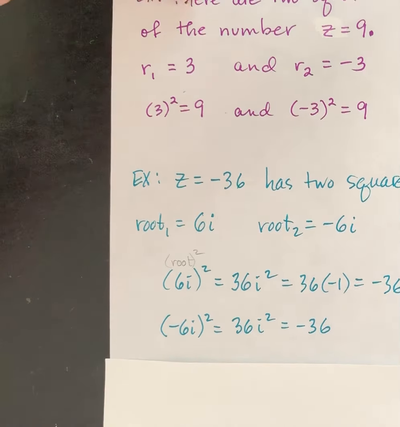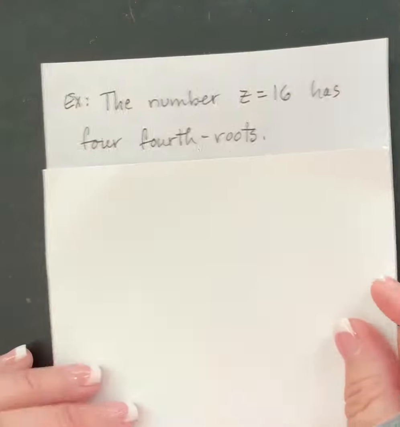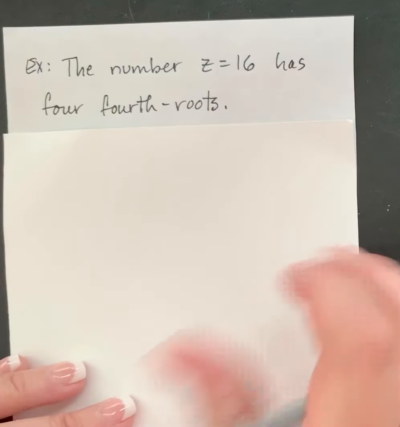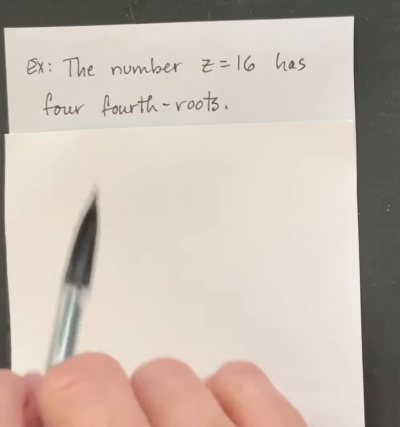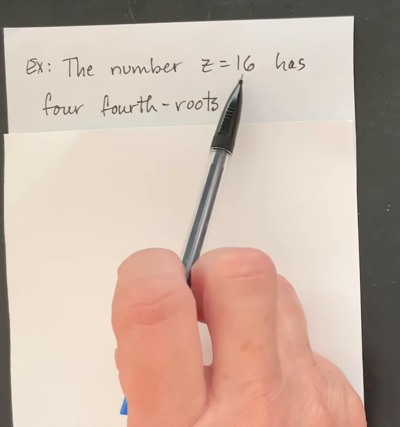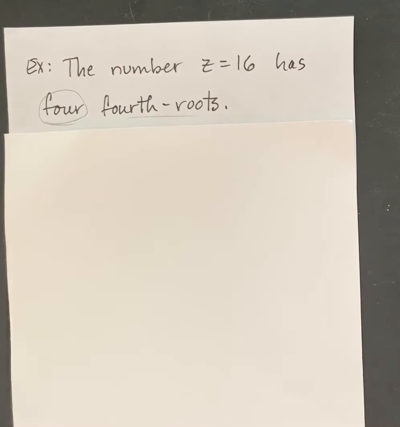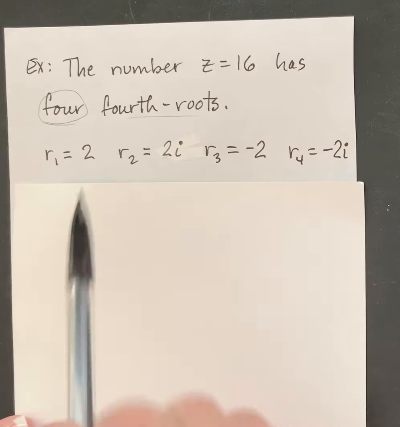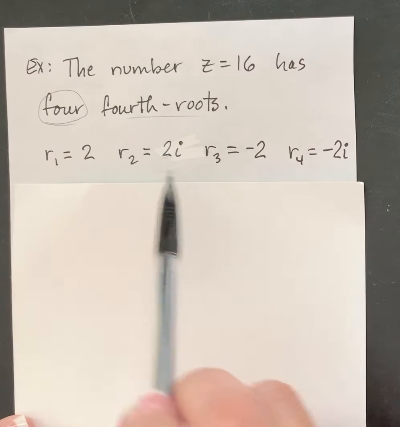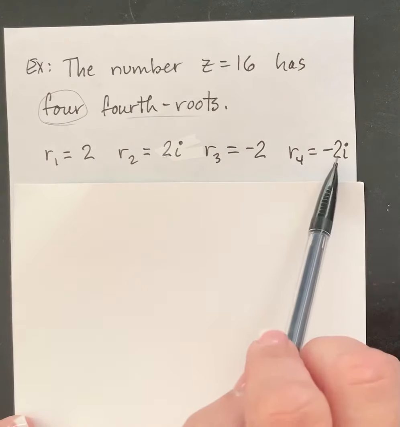All right, another example would be, say, if you talked about 4th roots. I'm trying to pick numbers where it's not too complicated. So the number z equals 16 actually has 4 4th roots. One root is 2, another is 2i, -2, and -2i.